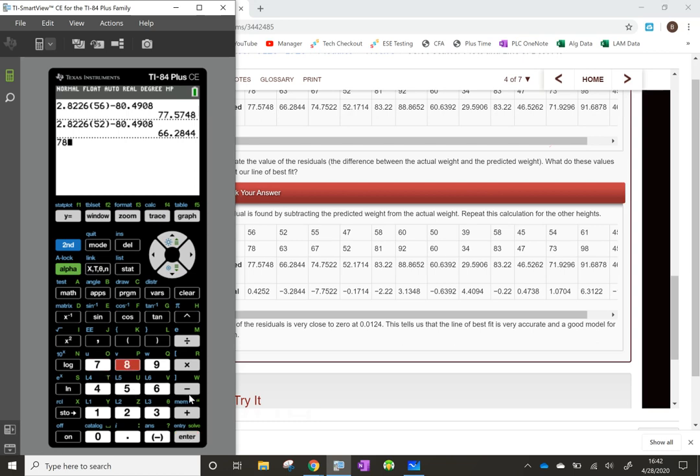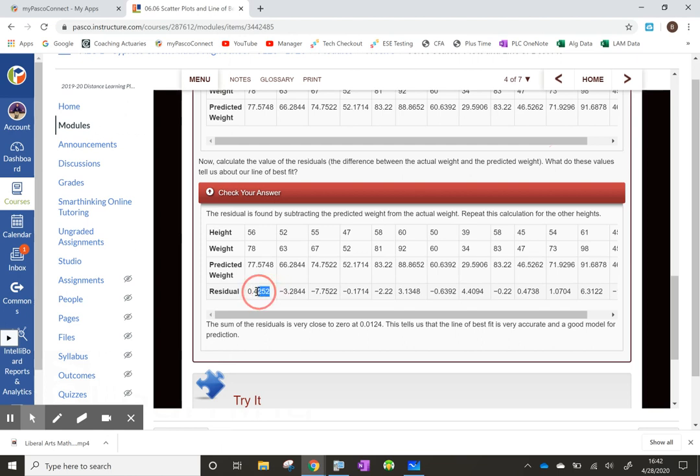Take the real weight of 78 and subtract the equation's prediction, which was 77.5748, and you end up with 0.4252. That's this number here, right? So this is what the residual is. It's simply taking the difference in the numbers, the actual weight minus the predicted weight.